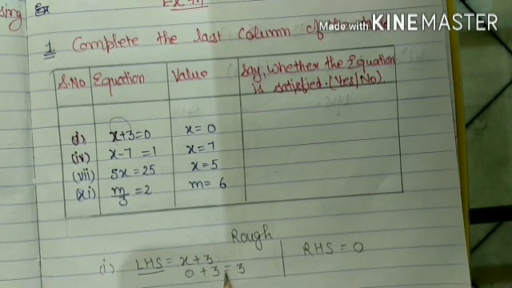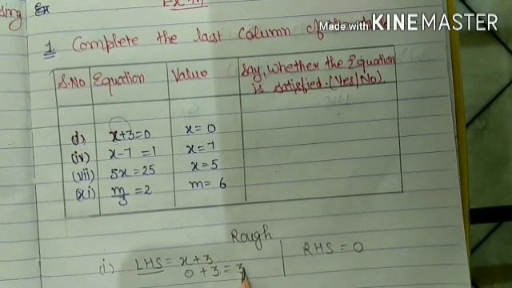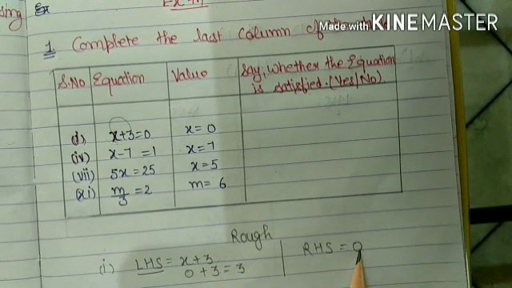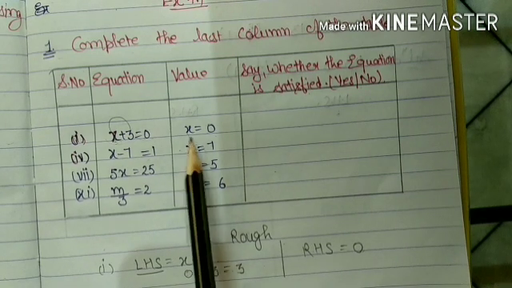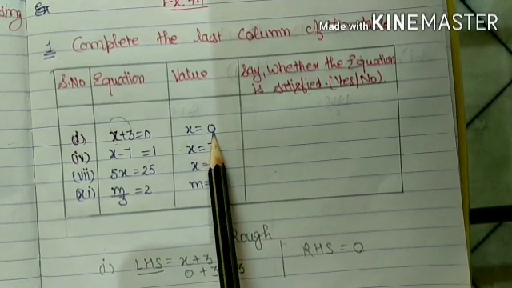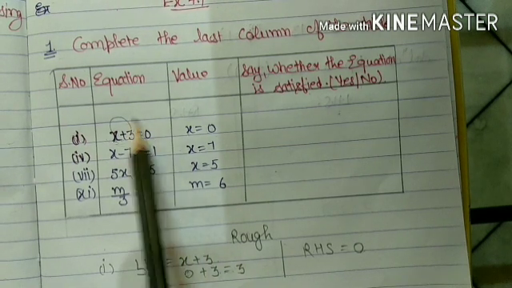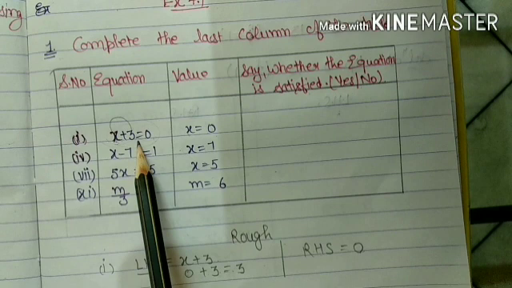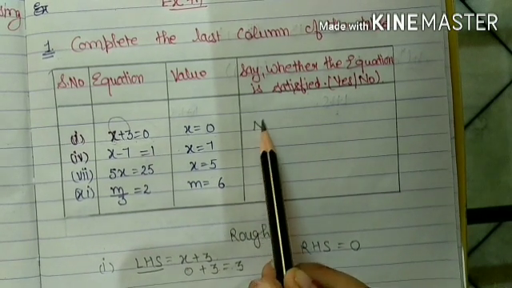As you know, it gives you 3. Are both sides the same? Not equal. On the left hand side the answer is 3, and the right hand side is 0. So this means the value x equals 0 does not satisfy the given equation. Therefore I will write no here.